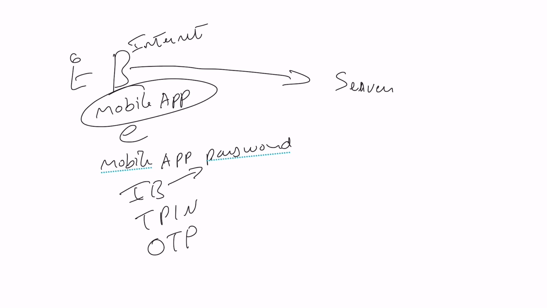Okay, the exchange which happens, for example, when you're typing the username and password over here in internet banking, or maybe your mobile pin over here, how does this data flow to the server? That mechanism is called API.